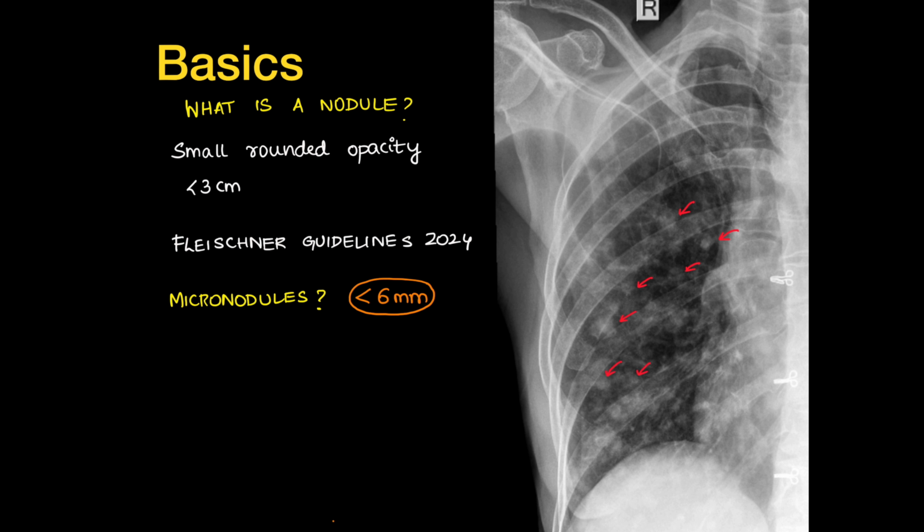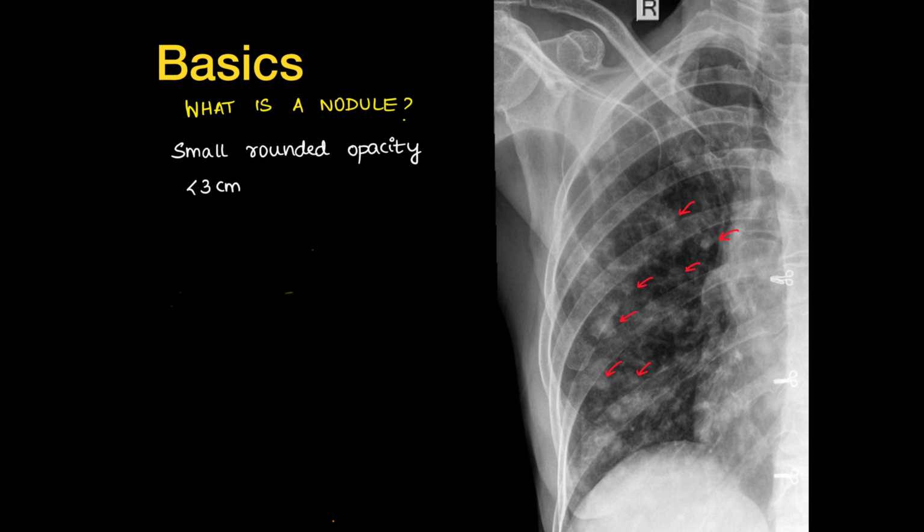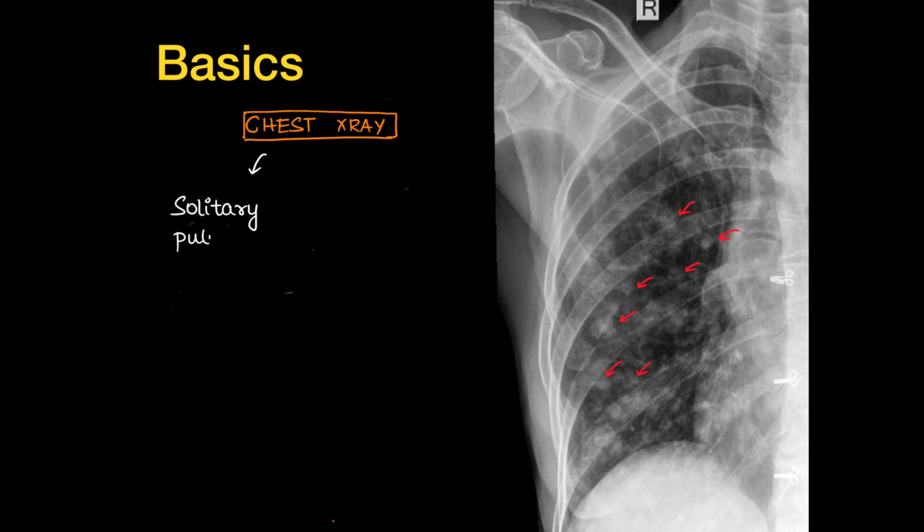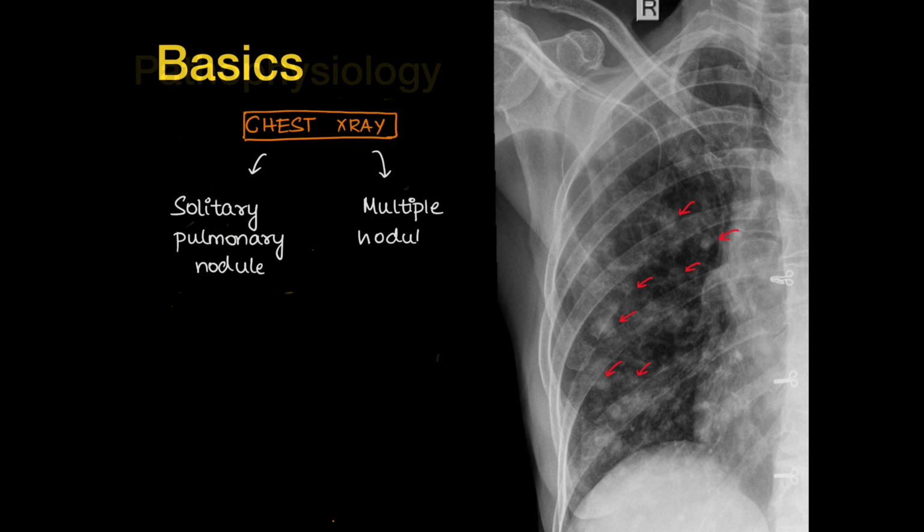Here you can see on this X-ray, these small rounded opacities are the nodules, which are distributed in the right lung field. Next, nodule versus mass. A nodule is less than 3 cm and a mass is more than 3 cm. Next, on chest X-ray, we can find a solitary pulmonary nodule, that is one nodule, or multiple nodules.